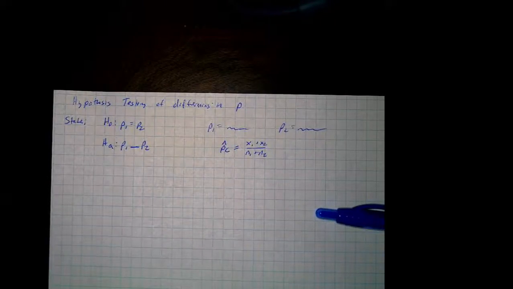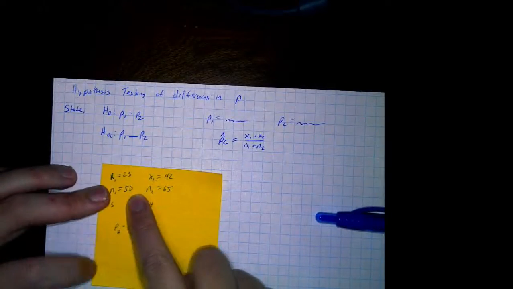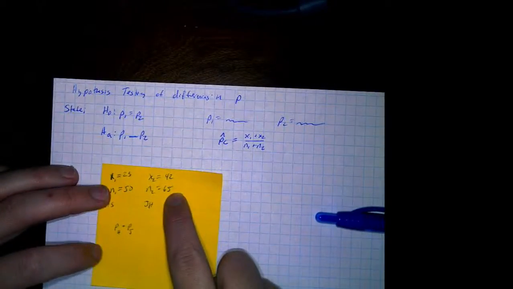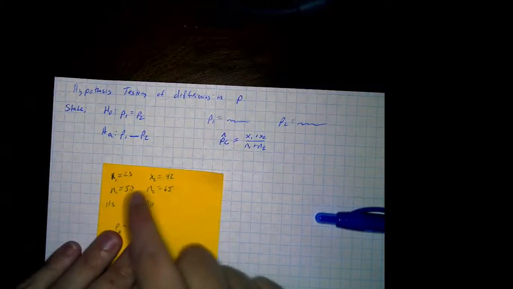So, for example, if 57% of the junior high kids like Crispitos and 57% of the high school kids like Crispitos, the best guess for who likes Crispitos is not going to be the 23 over 50, and it's not going to be the 42 over 65. It's going to be all the yeses I got over all of this.